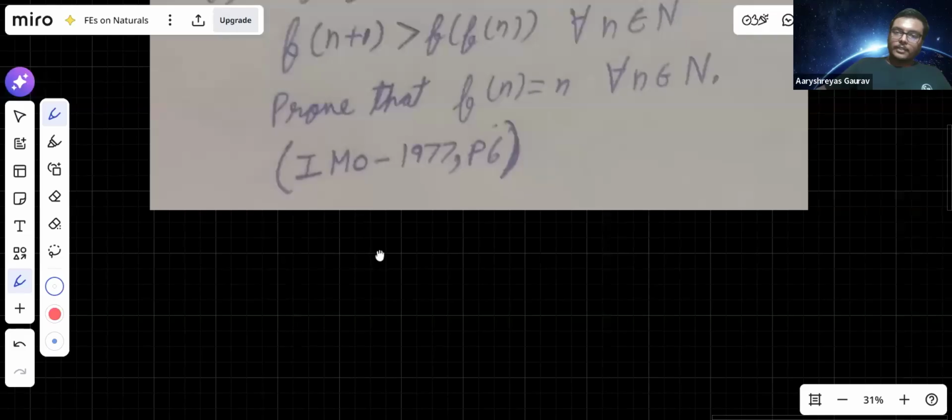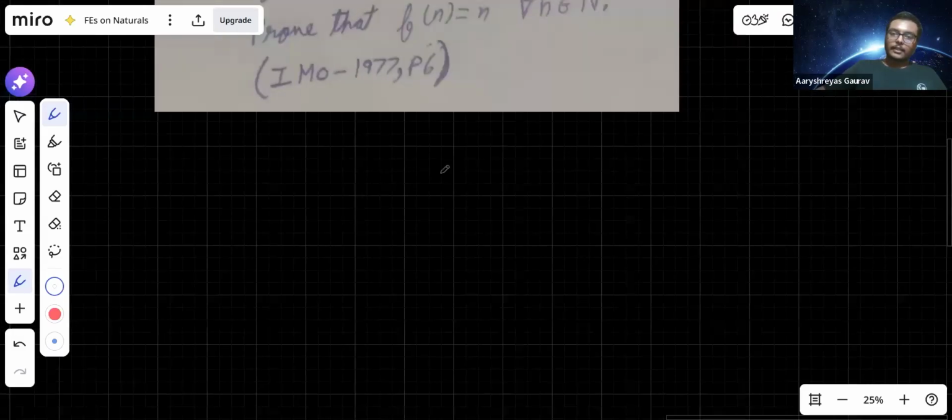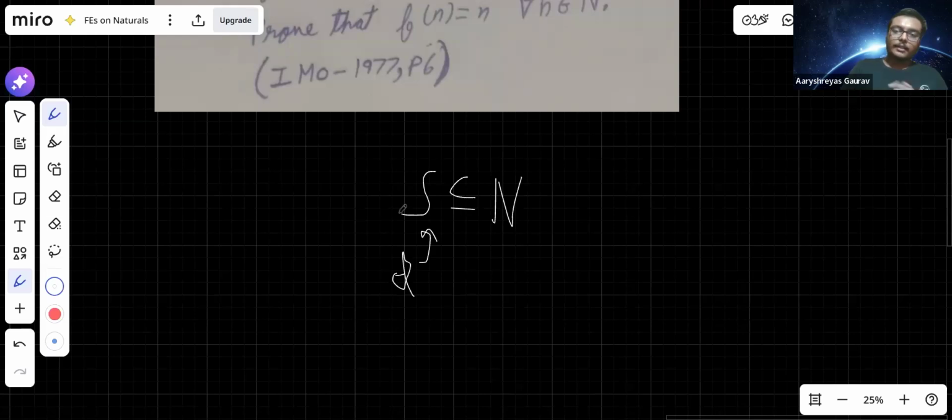One of the nice properties of natural numbers is that if I take any subset of natural numbers, then there will always be one natural number d which is minimum in this subset. We can always find a minimum in a subset of natural numbers.